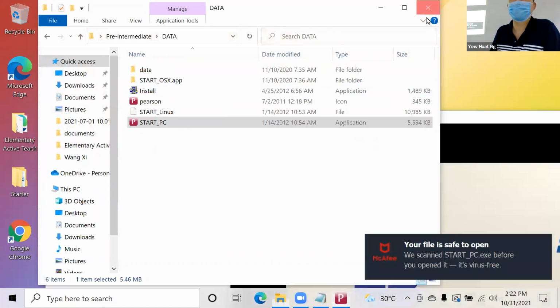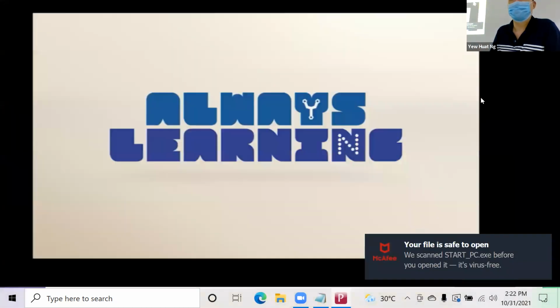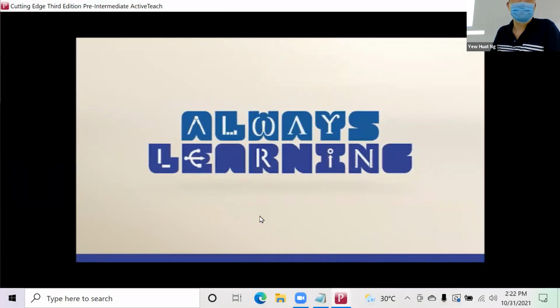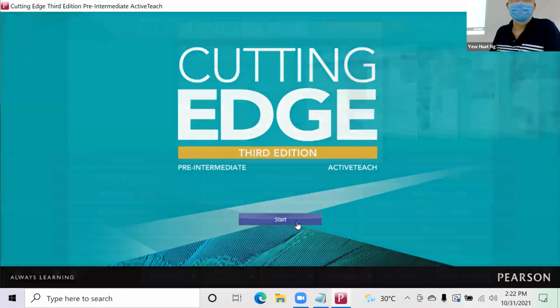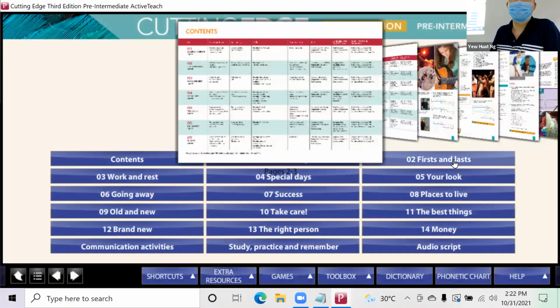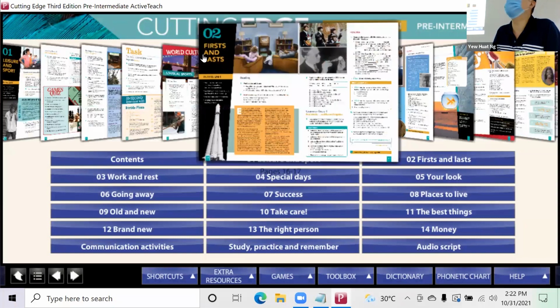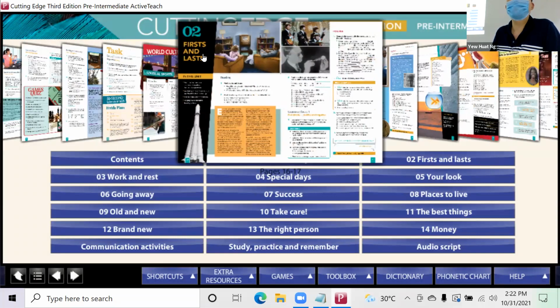Let me just show you very quickly what is level 3. So next week when I start level 3, I'll start from chapter 2. The reason is because chapter 1 is a revision. So I want you all to have a feel of chapter 2 of level 3.